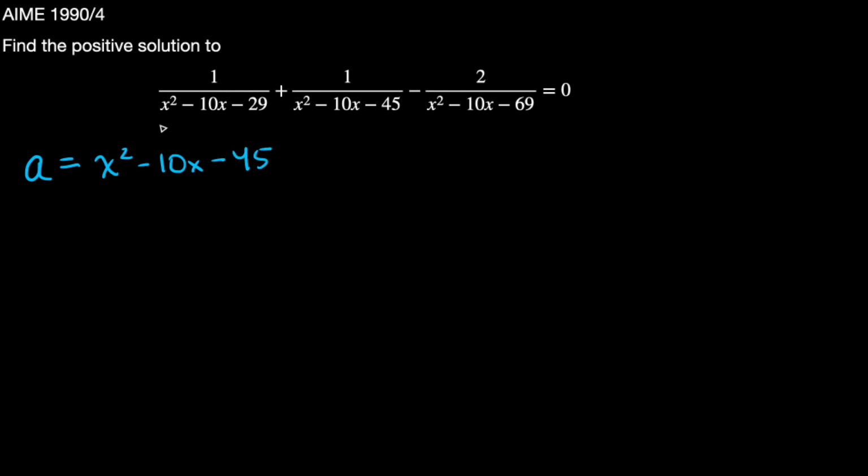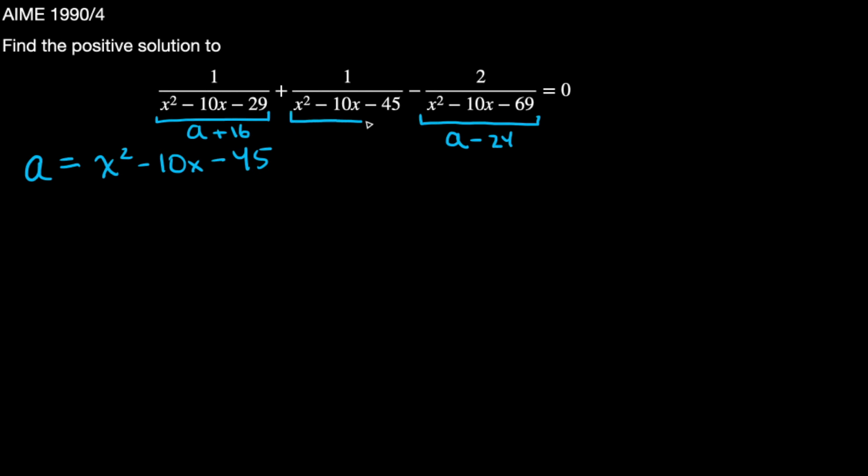Now we notice, well, what is this in terms of a, and what is this in terms of a? Well, this is a plus 16. This one is a minus 24. And this already makes us feel like we're on the right track because 16 and 24 are relatively nice numbers.